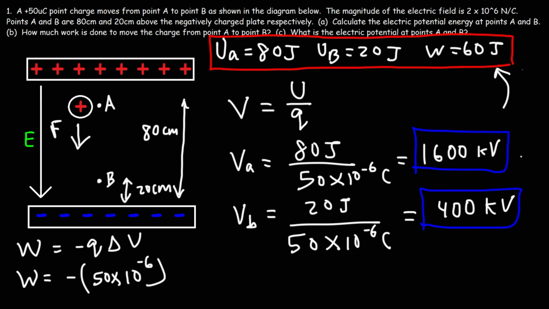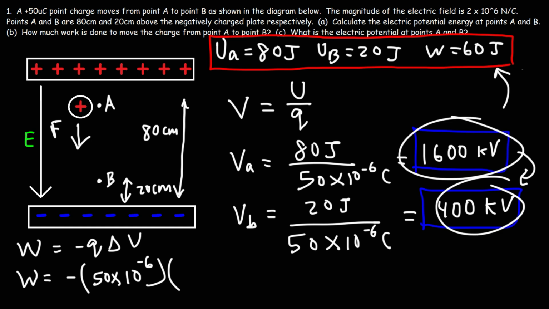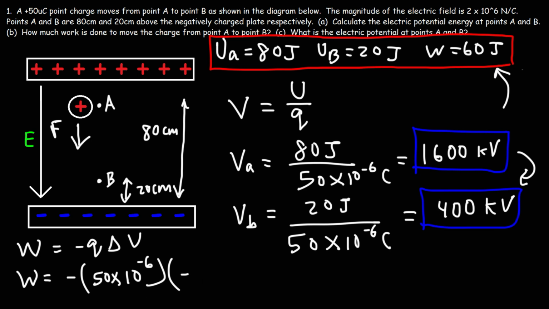And we're going from A to B. So going from A to B, the change in voltage as we go from 1600 kilovolts to 400 kilovolts, the change in voltage is negative 1200 kilovolts. It's final minus initial. 400 minus 1600 is negative 1200. So this is negative 1200 kilovolts, or negative 1200 times 10 to the 3 volts.